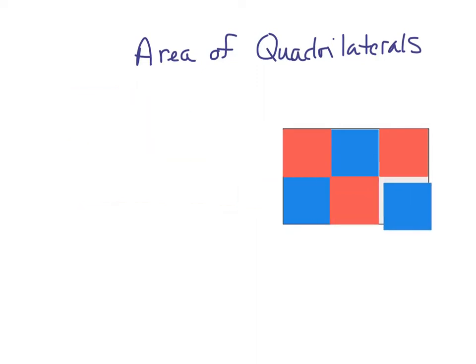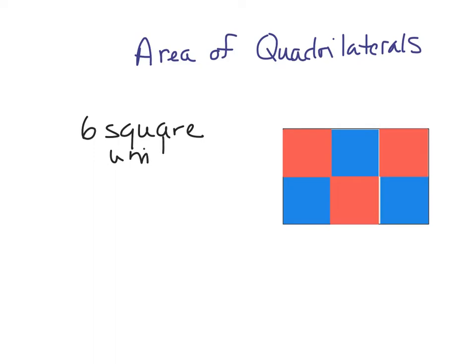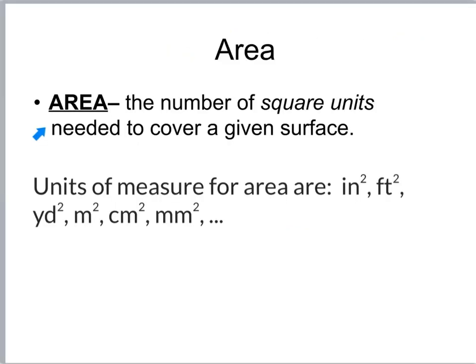And when I am done, it took 6 square units to cover that rectangle. Okay, so the definition of area is the number of square units needed to cover a given surface.